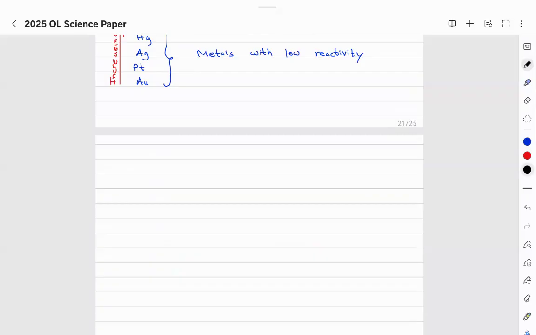No, they can't react with each other. For an example, sodium and magnesium, sodium and potassium, they can't react because their reactivity level is the same. That means they are highly reactive, and sodium and potassium are in group number 1. They have the same chemical properties, right? So they are not reacting with each other. Okay.